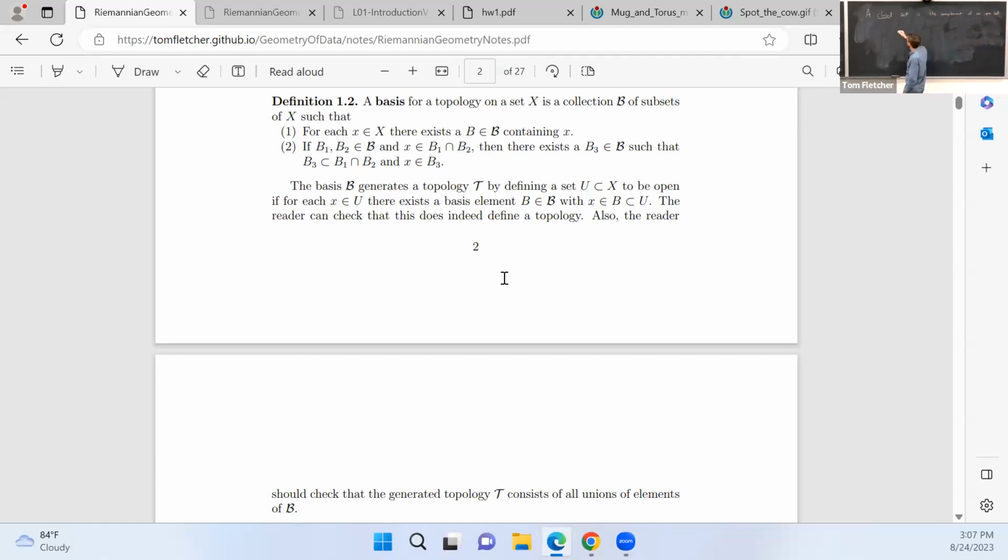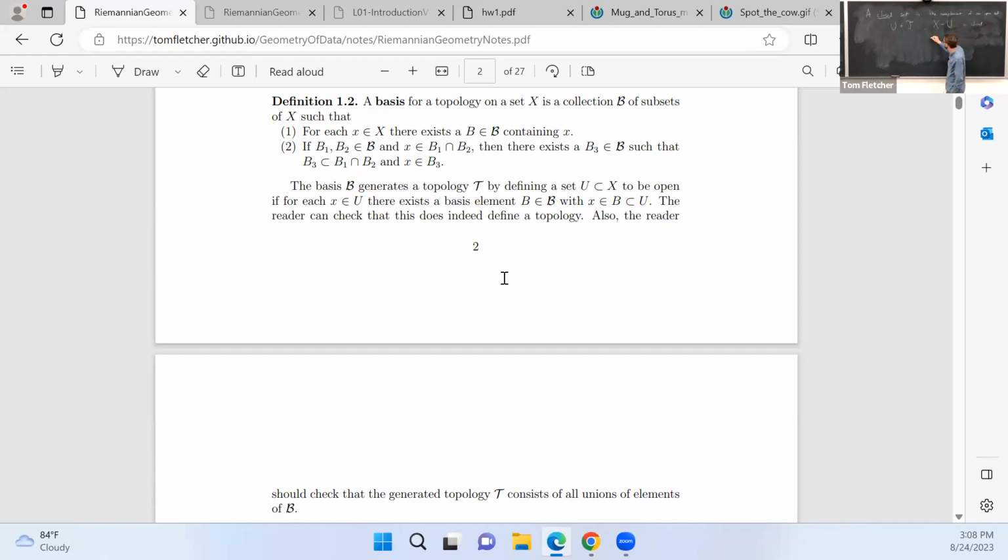So let's say U is an open set, meaning it's an element of our topology that we're currently thinking about, whatever that may be. Then if I take X minus U, and there are lots of different notations for complement, that is closed, or a closed set.